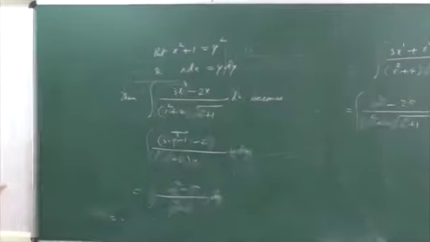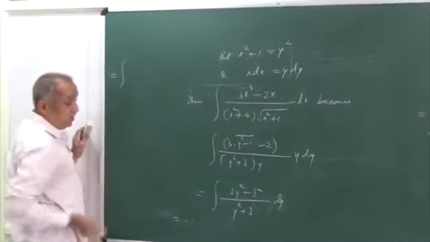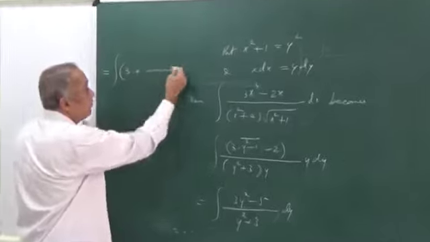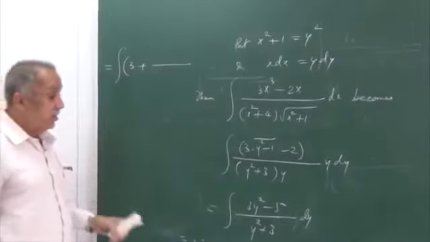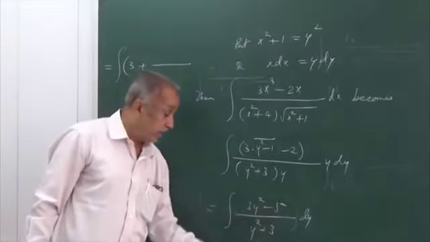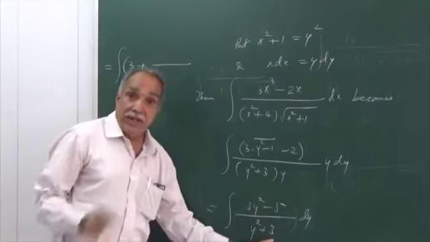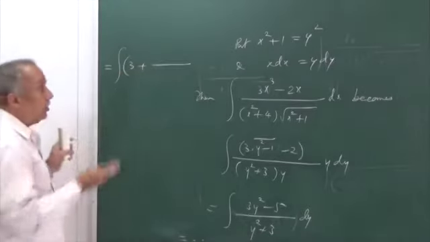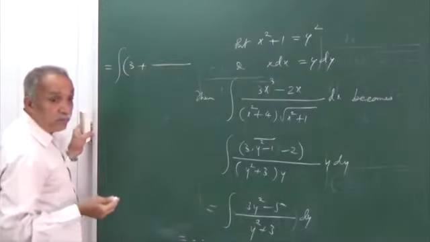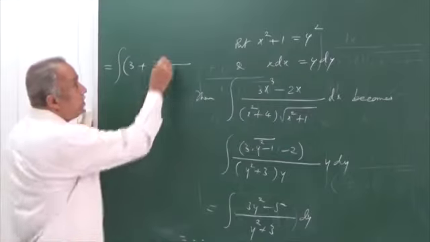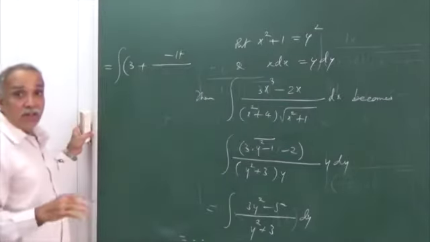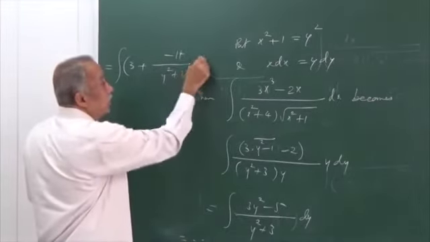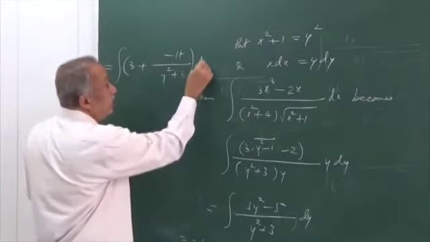A very simple situation. We write this as integral of 3 plus... how did I get 3? Dividing this 3y square minus 5 by y square plus 3, I get a term in the quotient as 3. The remainder that I get on division will be minus 14, I think I am right, divided by y square plus 3, to take care of that remainder term, dy.